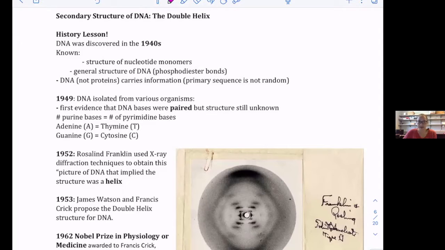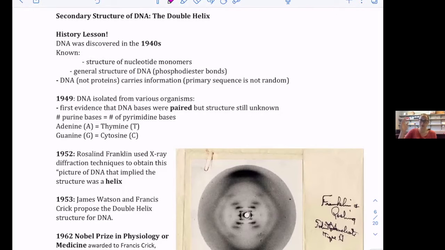So in 1949, DNA was isolated from various organisms, and this was the first time that base pairs were talked about. In our nucleotides, there are specific pairs. So purine bases have a specific pairing with a pyrimidine base.